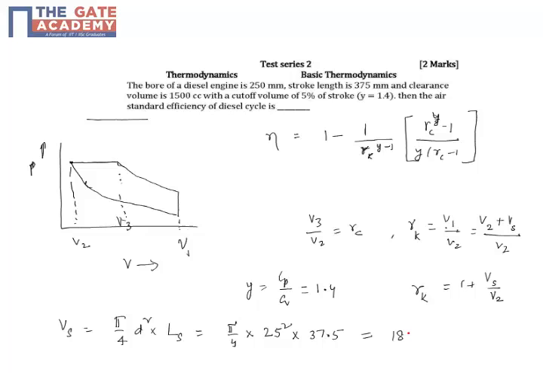If you multiply this, you get 18407.77 cc, which is the stroke volume. Now the clearance volume is 1500 cc, that is V2.